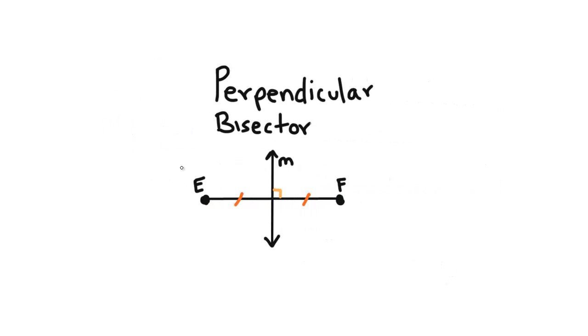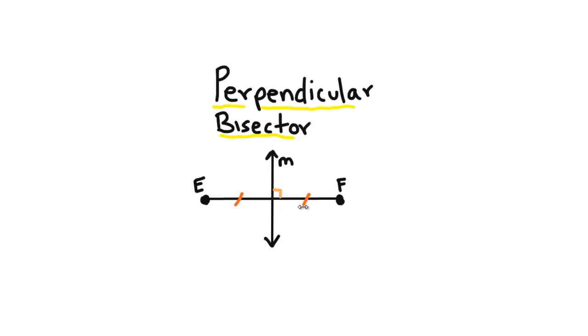Alright folks, the next concept we're going to look at in this video is perpendicular bisectors. So here's a diagram. We have line M. It cuts through segment EF. Notice that there are 2 markings here.